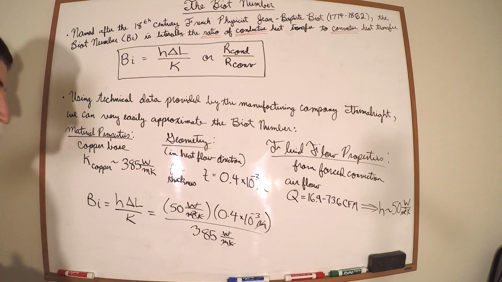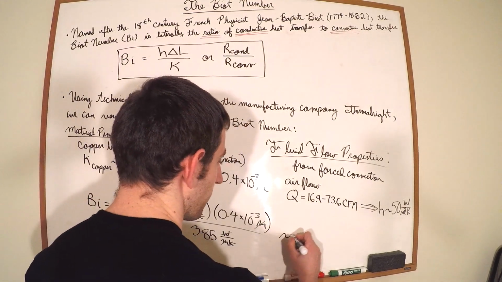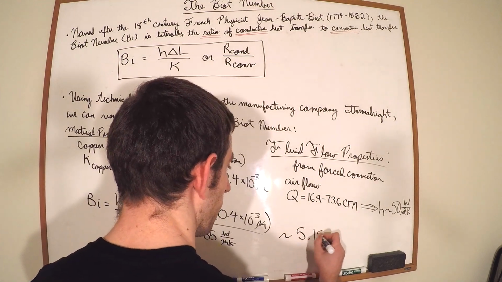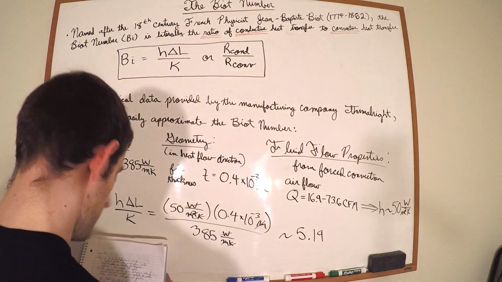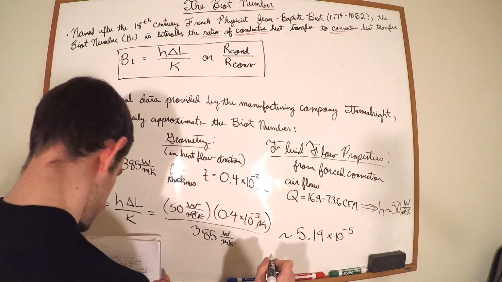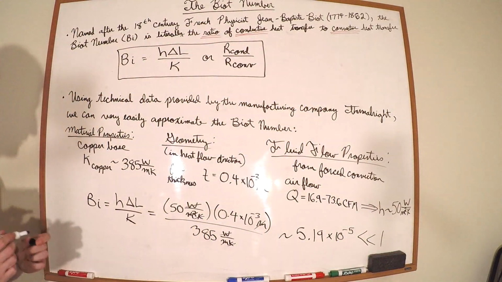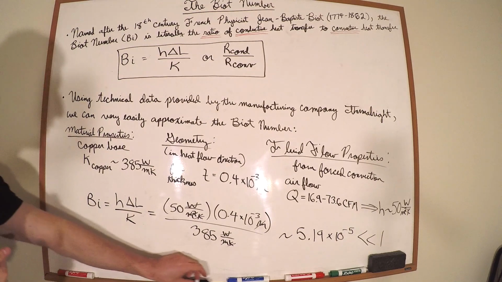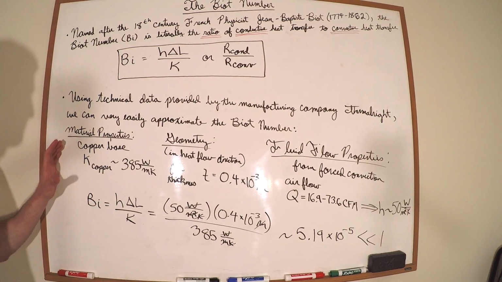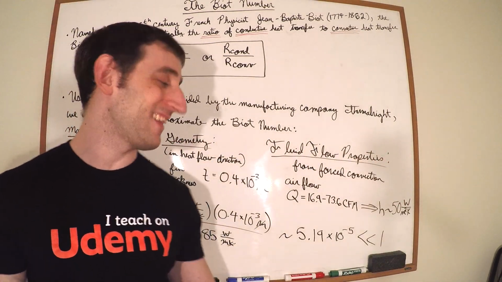But at any rate, when we do this, we see that the Biot number is a pretty small number. We get approximately 5.19 times 10 to the minus 5, which is much less than 1. Okay? So we see here that we took all these different properties associated with the situation we're analyzing.